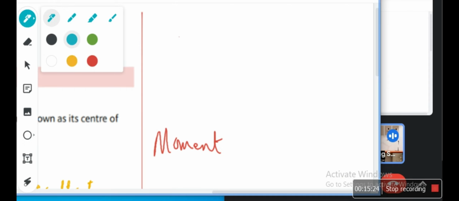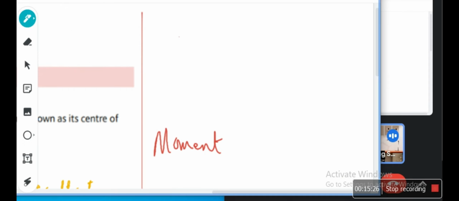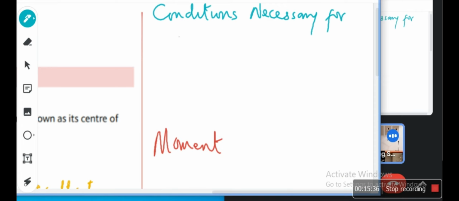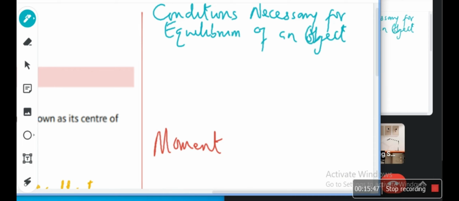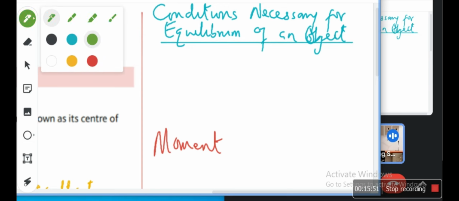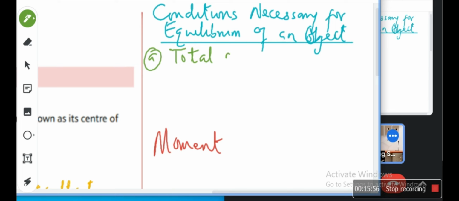While I'm waiting for you, let me write these things out again. Conditions necessary for the equilibrium of a beam. Condition necessary for the equilibrium of an object. The first one, are you still with us? Yes, I'm still with you.